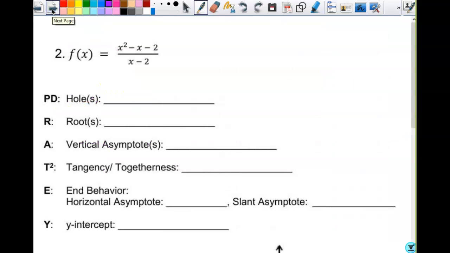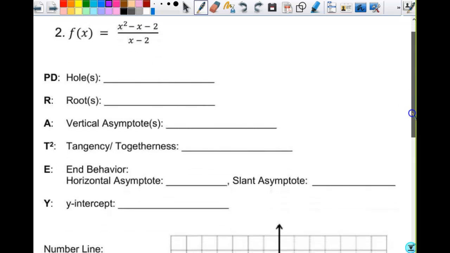So the first thing I'm going to do is factor. So be positive and negative, so I'll have a -2 and a +1, and then x minus 2 in the denominator. So do I have a hole in this function? Yes, I do, because I can cancel these out.